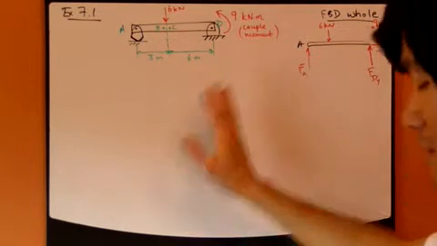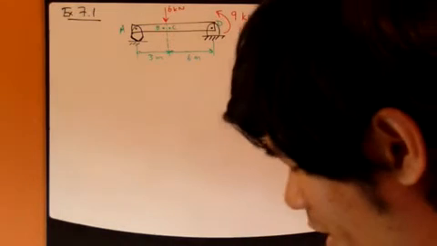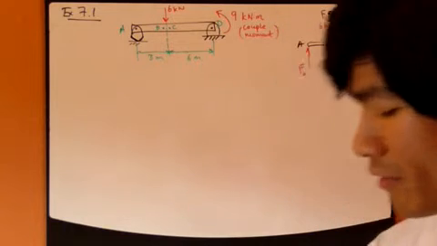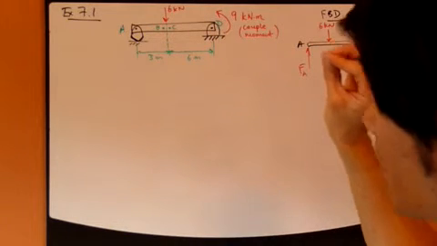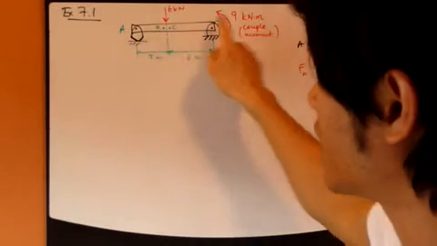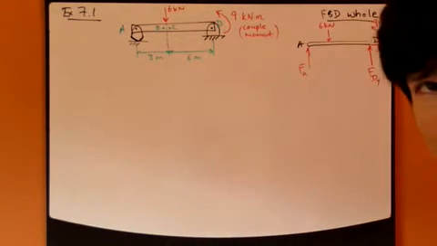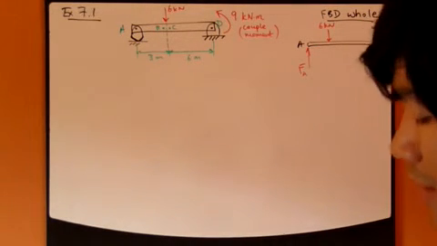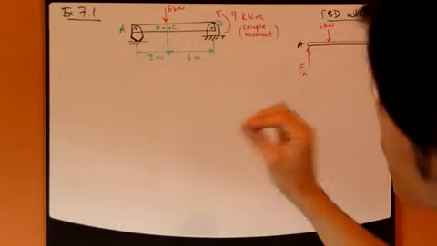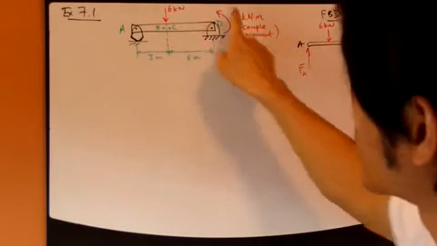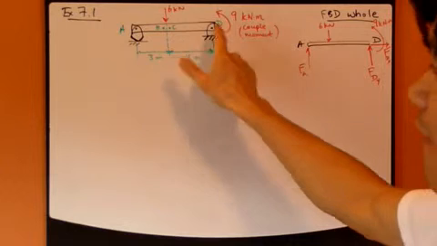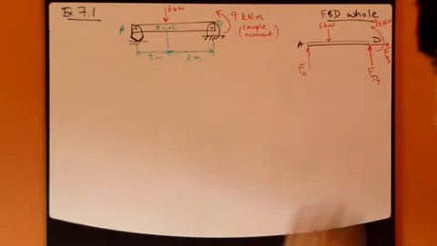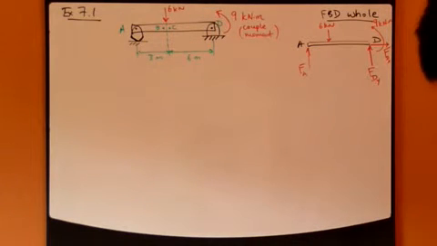Now, in this analysis, and in most of our analysis, we make the assumption that the mass of the rigid body itself is ignored. Typically, it can be ignored if all these external forces are much bigger than the weight of the rigid body itself, which is our assumption here.